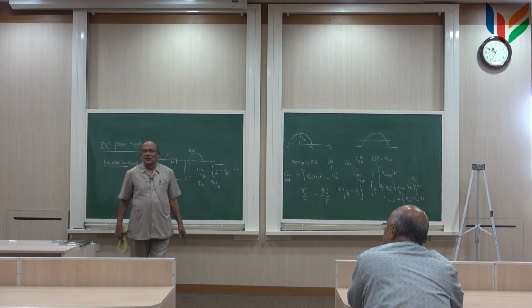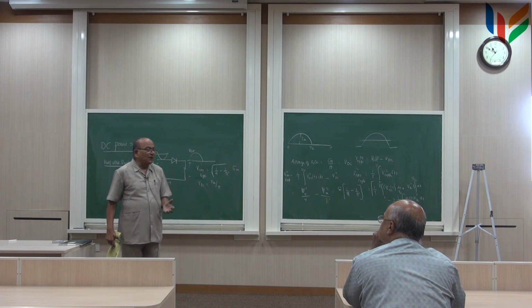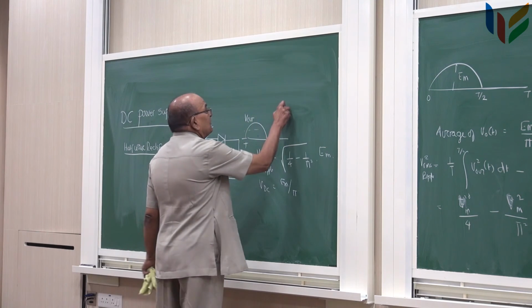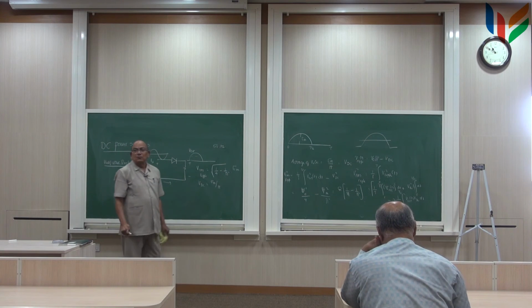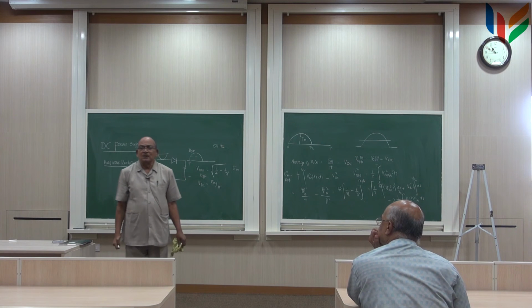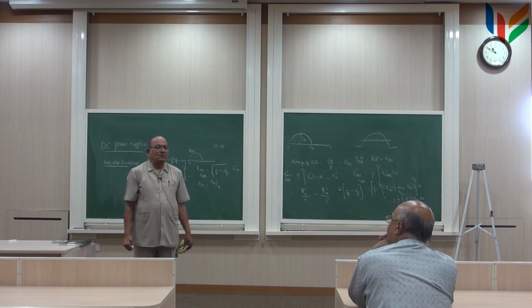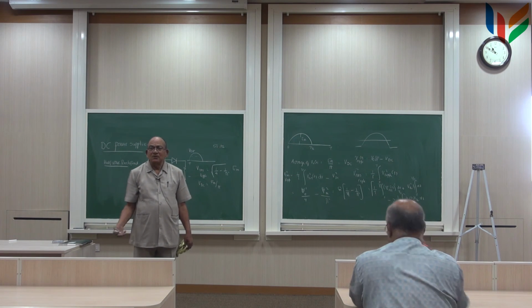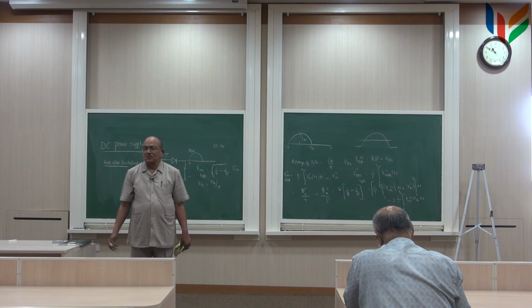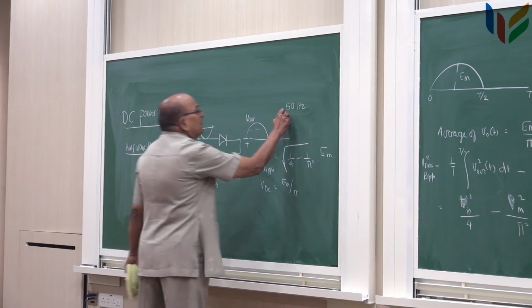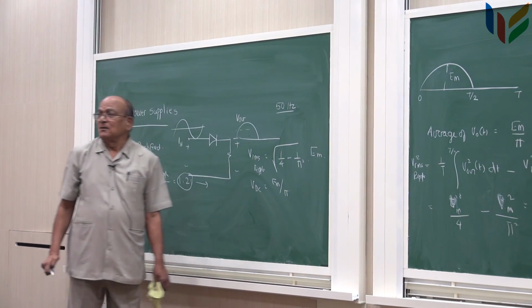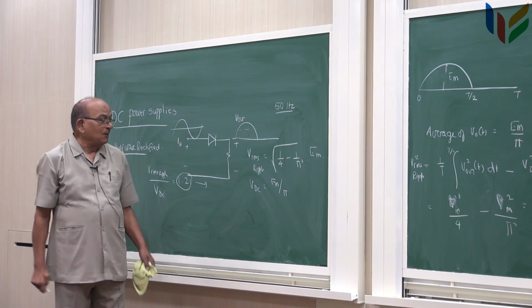But the fundamental occurs at 50 hertz. If you intend to filter it in a simple-minded manner, you will require very large values of filtering circuits, and usually filtering 50 hertz is a difficult problem at power levels.